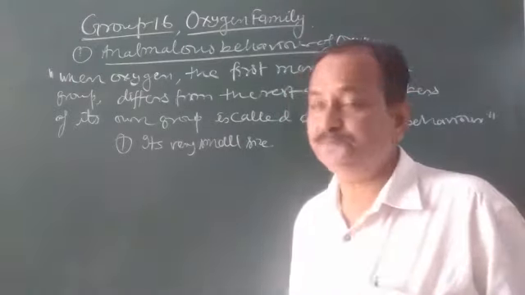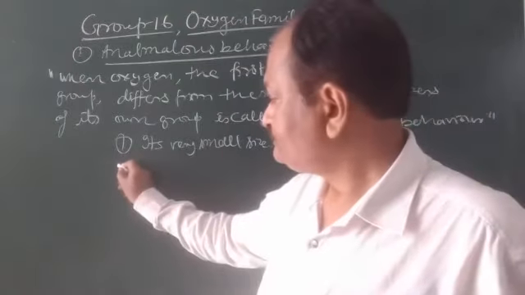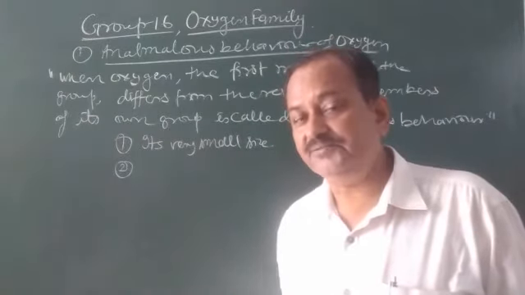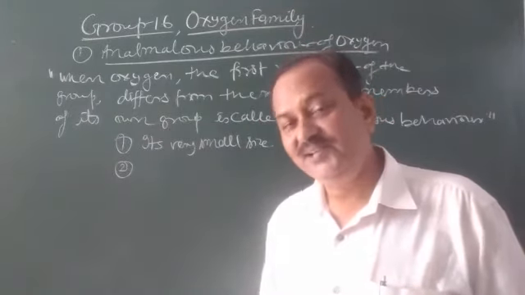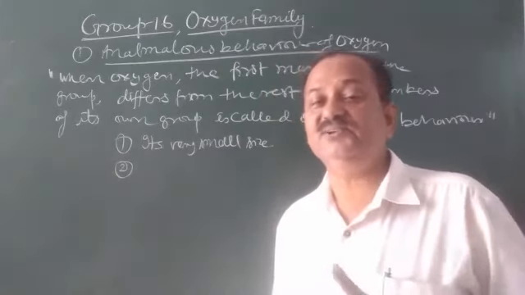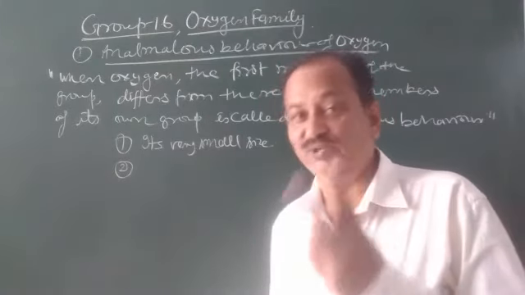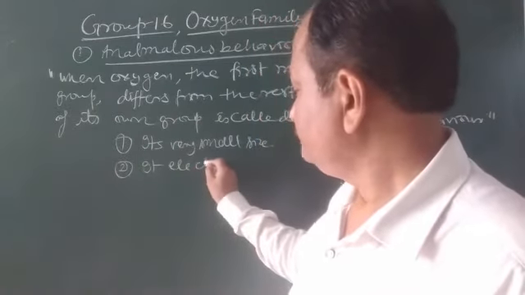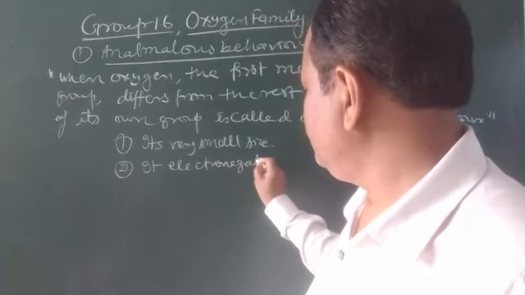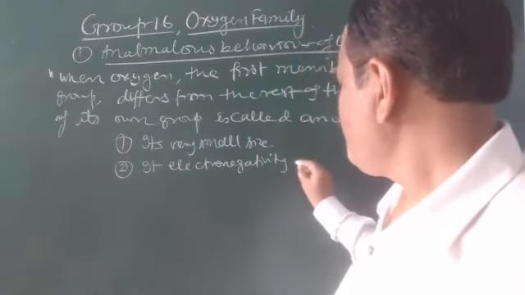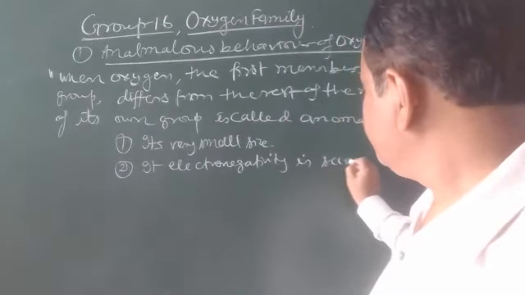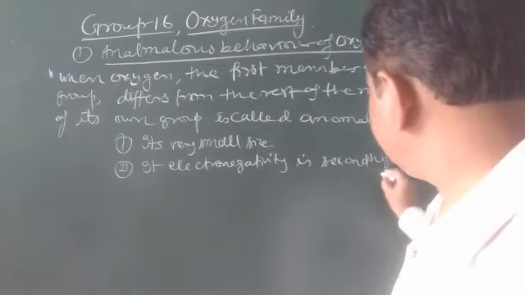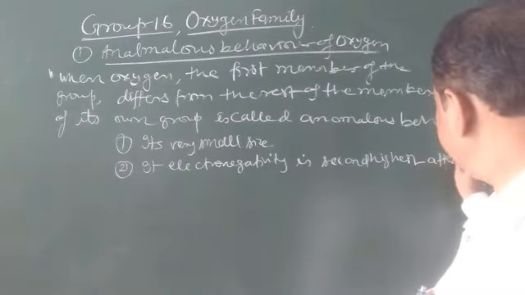The other point is that the small size is due to its ability to complete the octet by the gain of 2 electrons. As it has 6 electrons in the valence shell, it needs only 2 electrons. So its electronegativity is the second highest after fluorine.